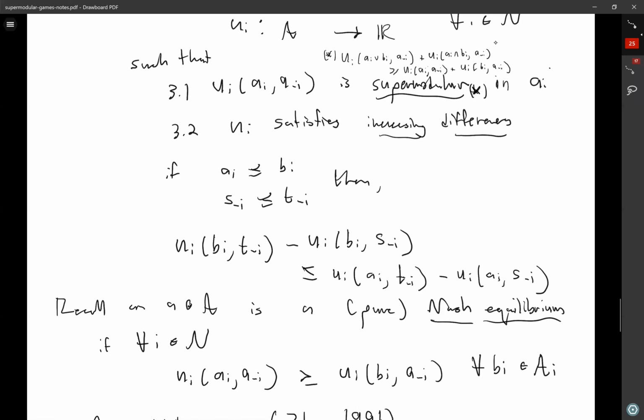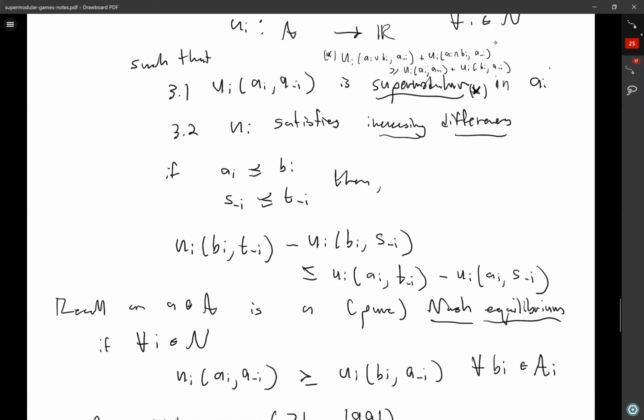But anyway, is this a property also for submodular functions, the increasing differences? No, so, well, a good point. I'm pretty sure that if you have a submodular function and you assume that this function is monotone, then you get this increasing differences property.